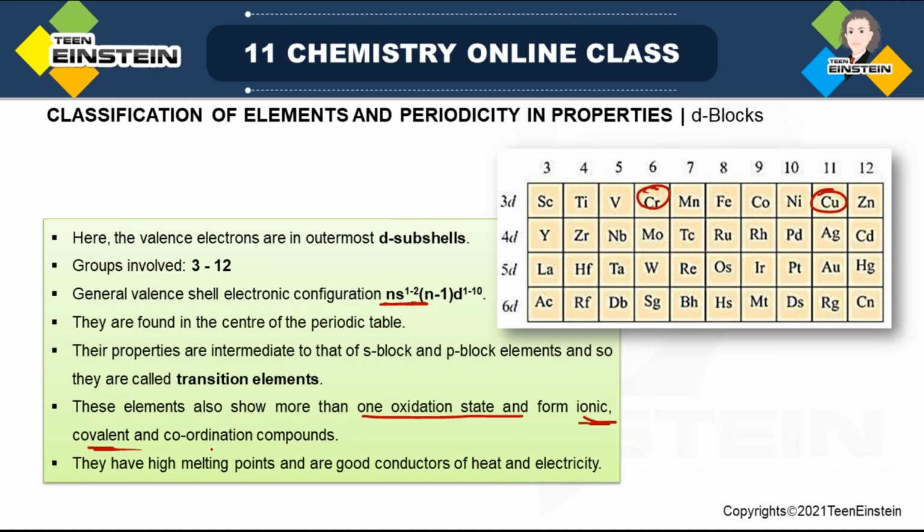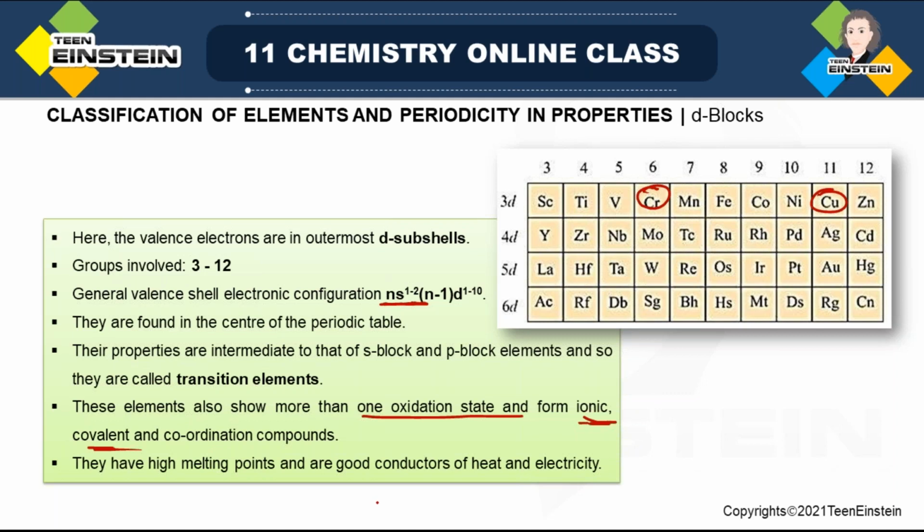It is not that one gives electrons completely and another accepts completely. It is sharing of electrons, so that is why it is covalent. And there is coordination also. In coordination, electrons come only from one element, but once the process is done, they are shared between these two elements, just like covalent. So these are the different types you can have in d block elements.